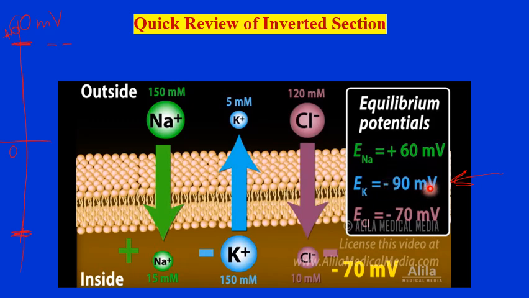Looking at them individually, they will tend to bring the membrane to different electrical potentials. But when you start your sodium potassium pump again, everything is going to be equilibrated at a negative 70 millivolts.